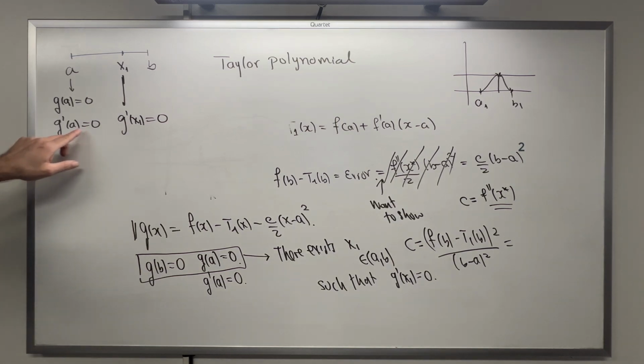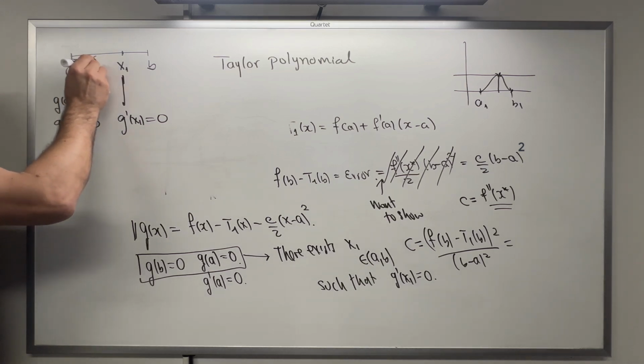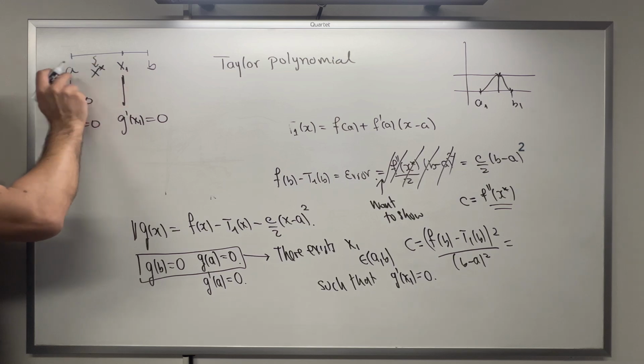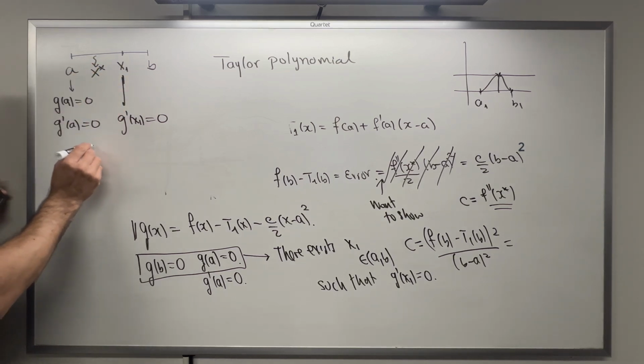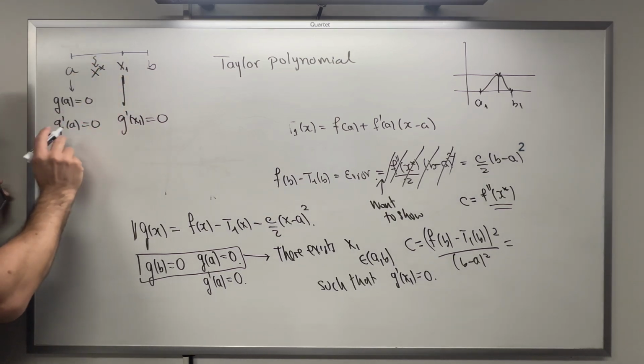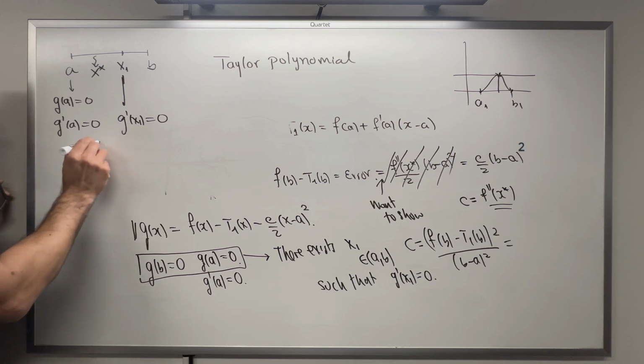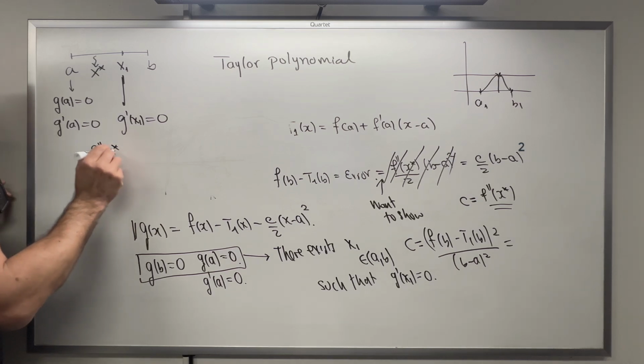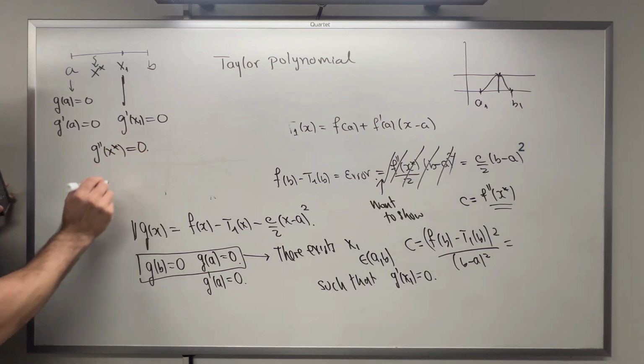Now, since g prime of a is 0 and g prime of x1 is 0, we can find a point x star between a and x1 such that the derivative of g prime, g double prime of x star, is equal to 0.